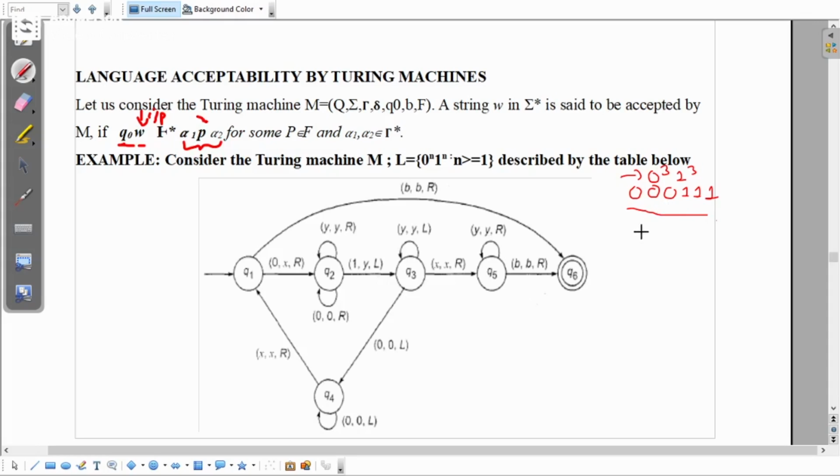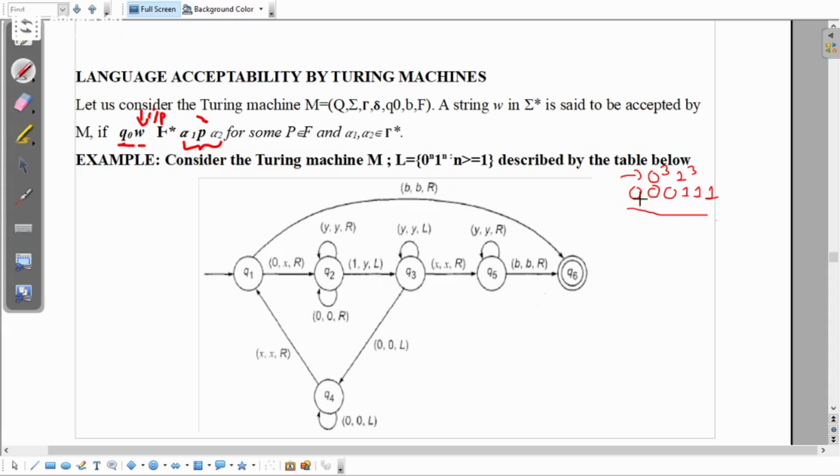Now, for this, how do we construct a Turing machine? When I was explaining the introduction, I told you it's a theoretical model of a computer. Here also you need to construct a Turing machine the way you are actually solving the problem.